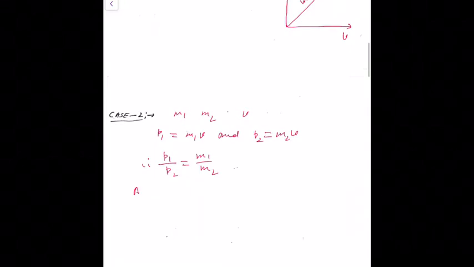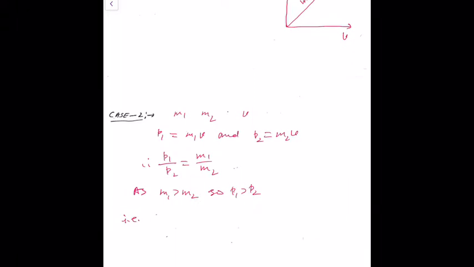Therefore, p1 upon p2 is equal to m1 upon m2, as m1 is greater than m2, so p1 is greater than p2.